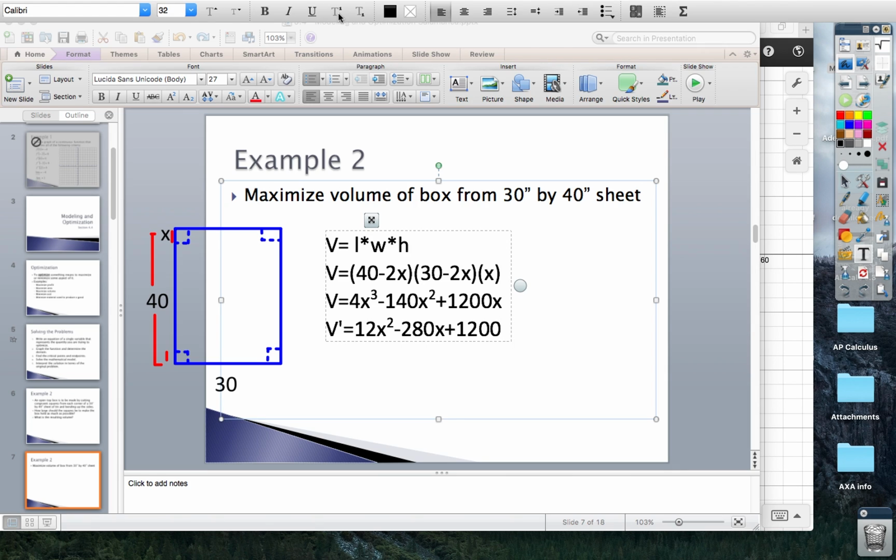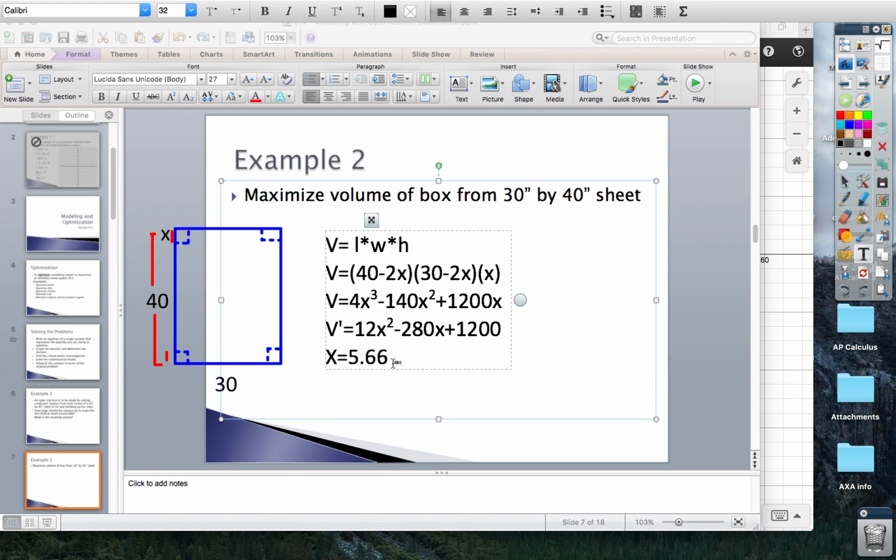When we do that, or use the quadratic equation, we're going to get x equals 5.66. I didn't give you the other value because it turns out to be negative. You can use the quadratic formula for this, or you can graph this on Desmos or your graphing calculator, but your positive answer is going to be 5.66. Because if we had a negative x, that means we are cutting the box a negative length, which is impossible.